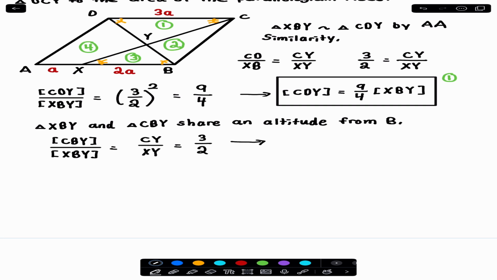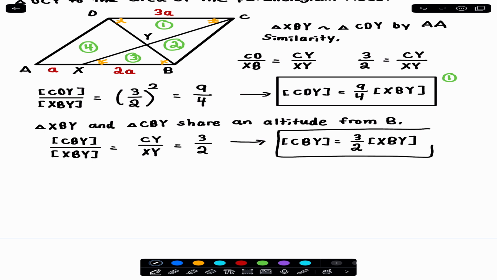This means the area of triangle CBY is 3/2 times bigger than the area of triangle XBY. Number 2.